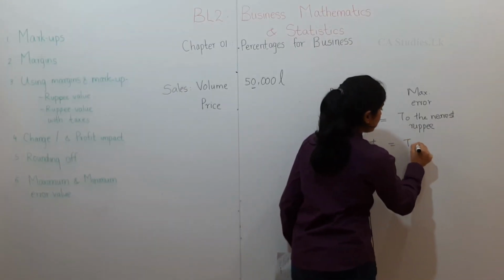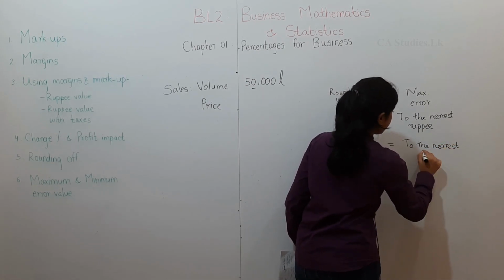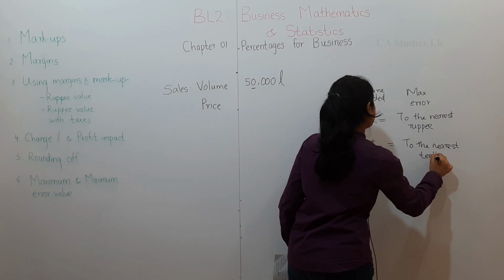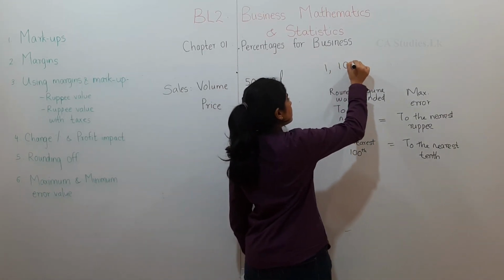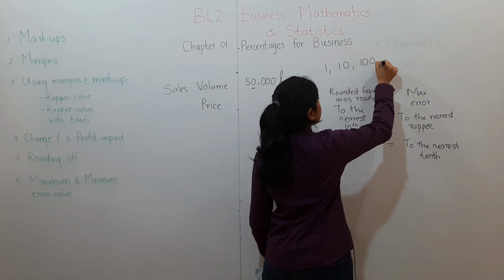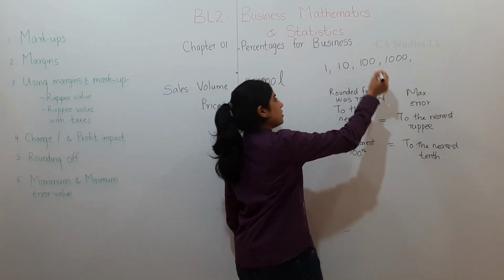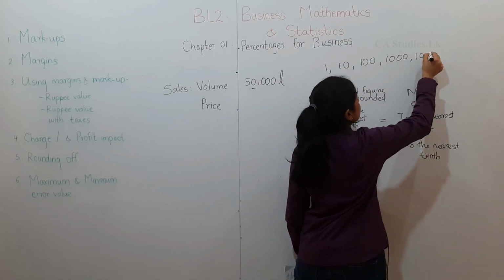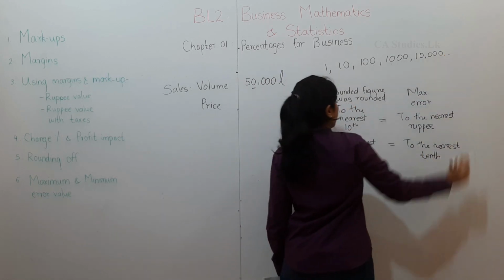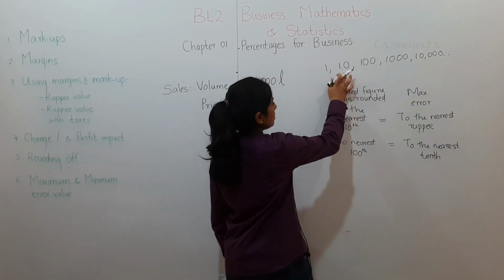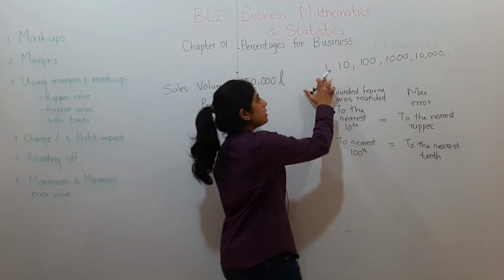It's to the nearest 10th, because you remember this line where we learned 1/10th place, 100th place, 1000th place. So you keep adding zeros on and on. So next is 10,000th place and so on, right? So if the figure was to the 10th, you round your error to the nearest rupee.